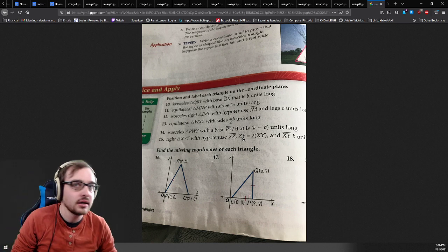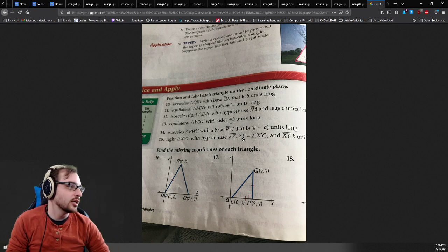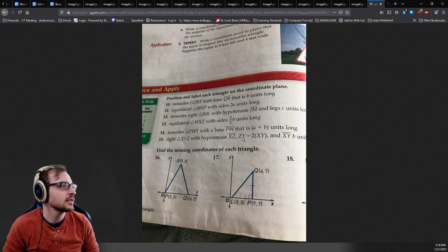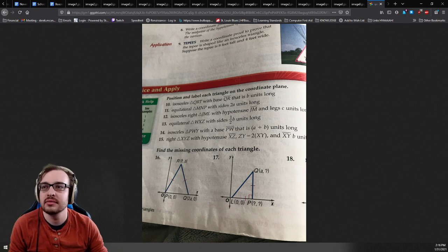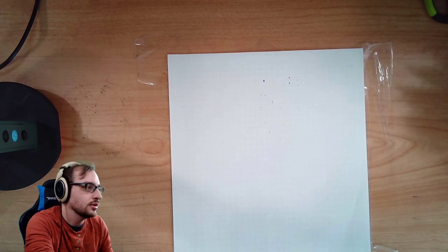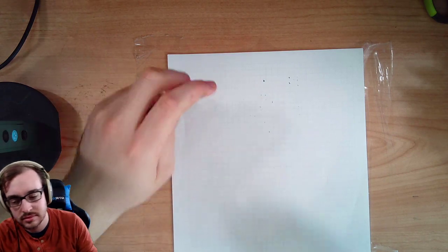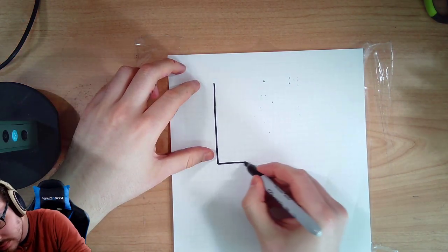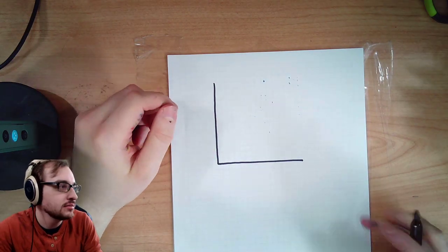Okay. So it says an isosceles triangle with base QR that is b units long. Here's a coordinate plane.